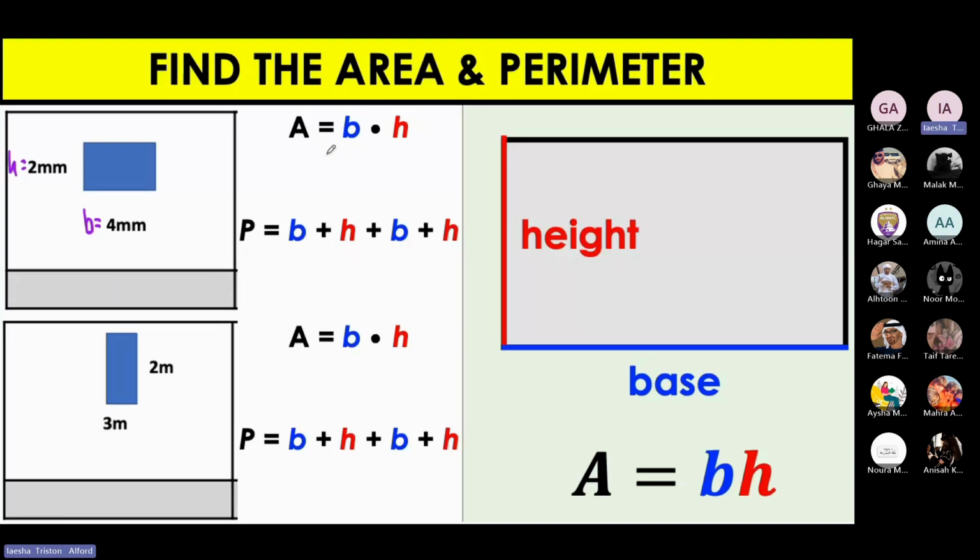So if I want the area, 4 multiplied by 2 is going to give me 8. If I want the perimeter, remember it's to add. So 4 plus 2 plus 4 plus 2. What did we get?